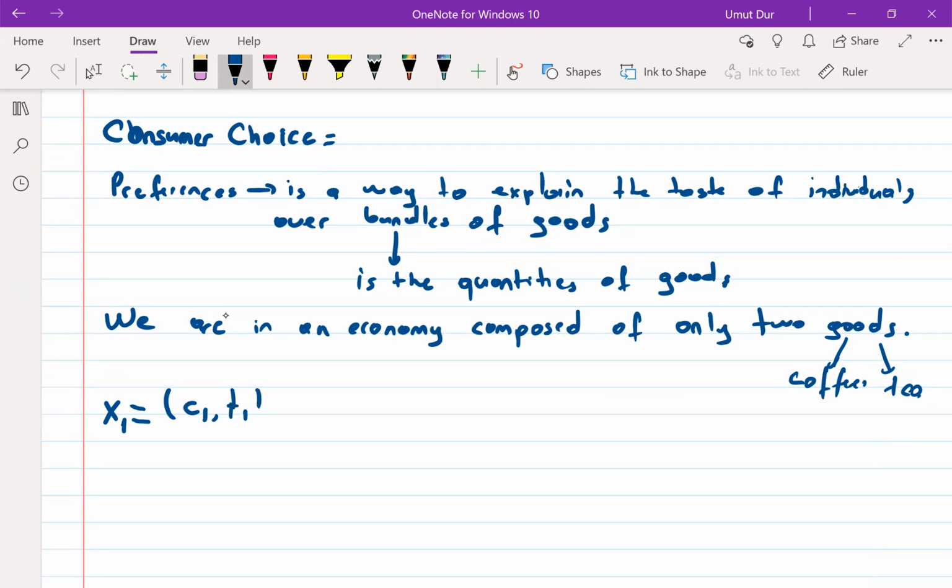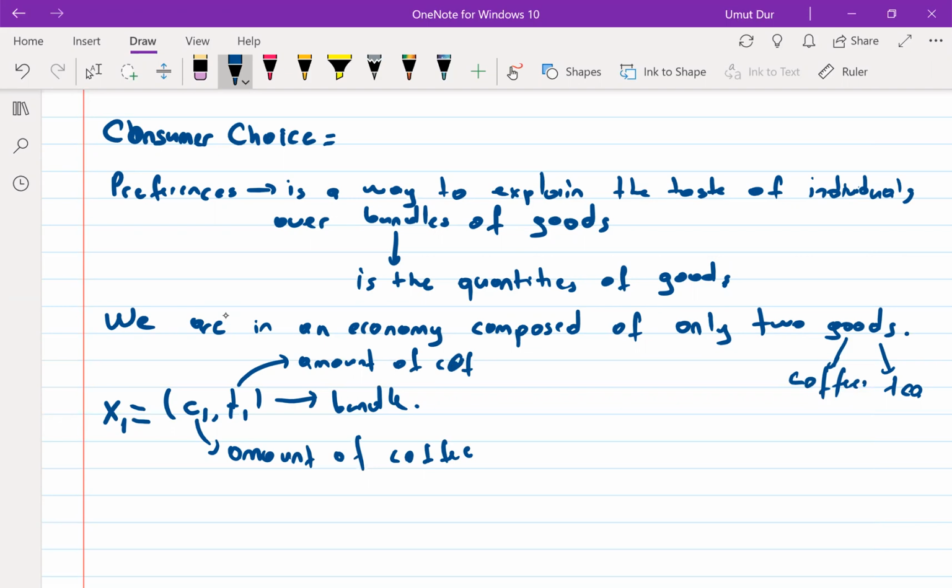So this is a bundle, and c1 is the amount of coffee, and t1 is the amount of tea. Here the amount will be cups, so the cups of tea and cups of coffee.